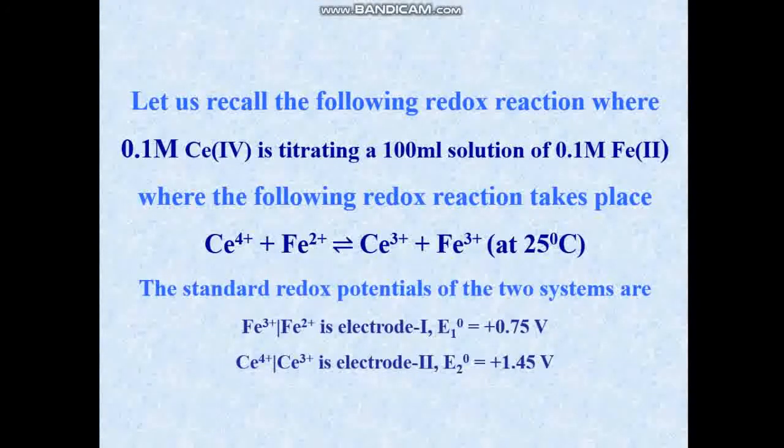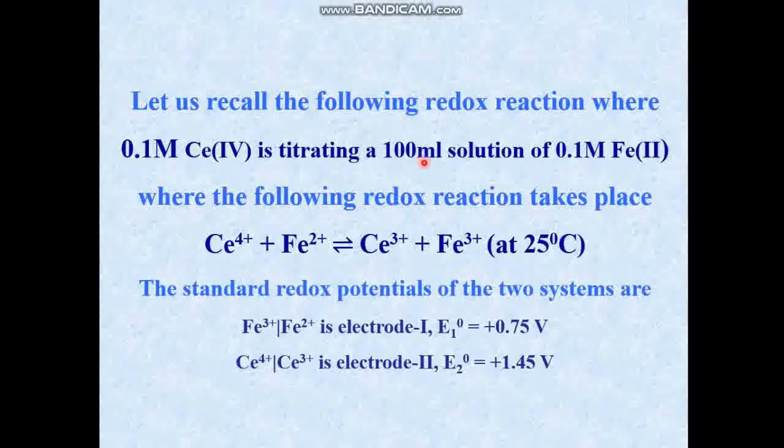In this regard, we have to recall the chemical equation which I was talking about in my 4th lecture. In my 4th class, you calculated the Kc value, that means the equilibrium constant of this reaction where cerium 4 plus reacted with iron 2 plus to produce cerium 3 plus and iron 3 plus.